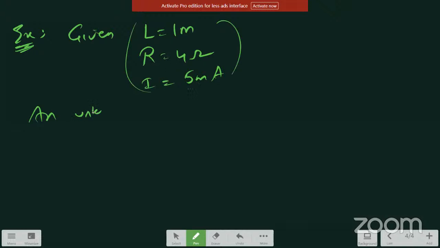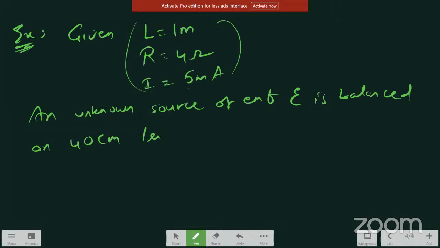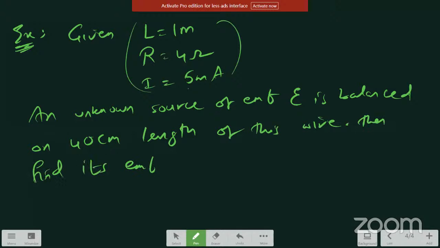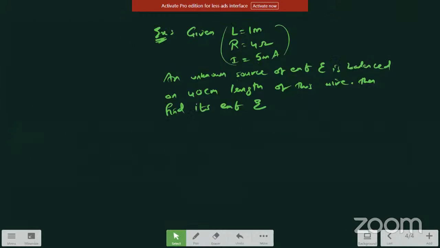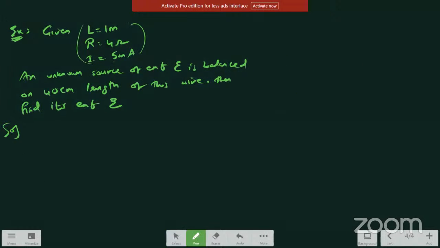An unknown source of EMF E is balanced on 40 centimeter length of this wire. Then find its EMF E. Very simple question.